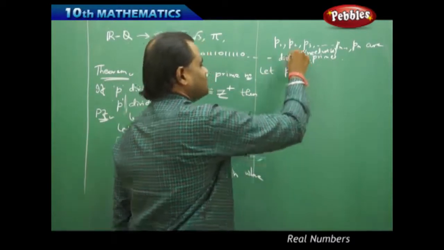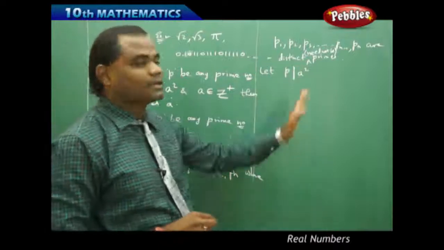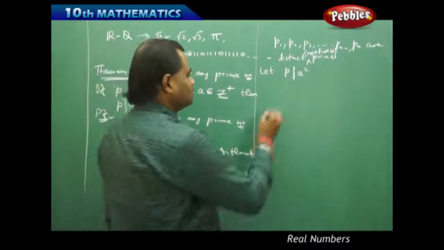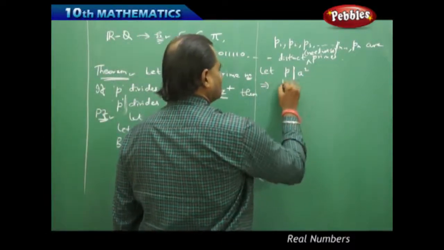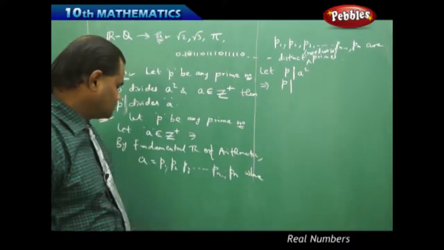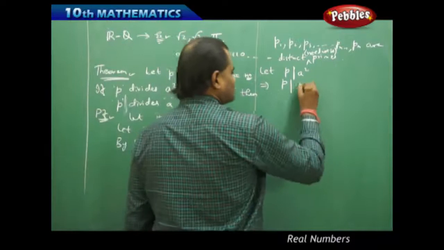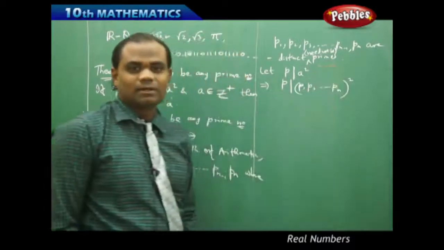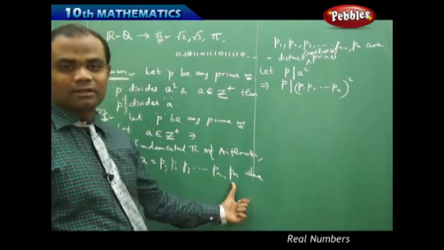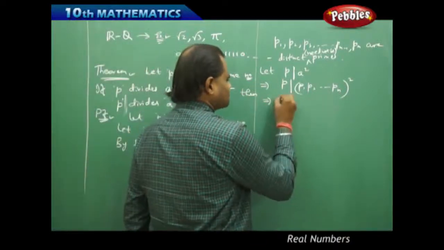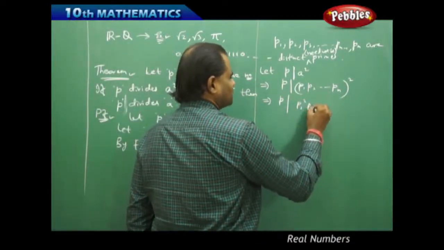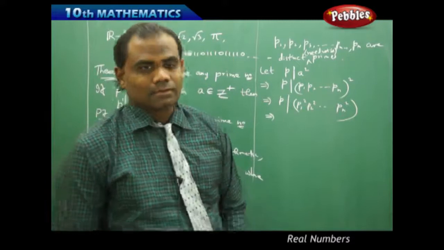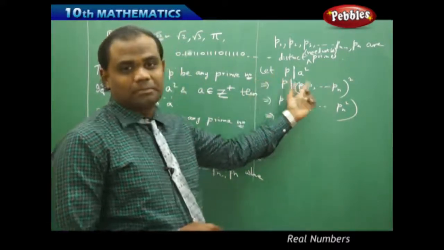Divides is the symbol I use as a straight line. This symbol indicates that p divides a square. That implies p divides a square, which can be written as (p1 p2 ... pn) whole square. Because a is p1 p2 till pn, I square it to get this. That implies p divides p1 square, p2 square till pn square.